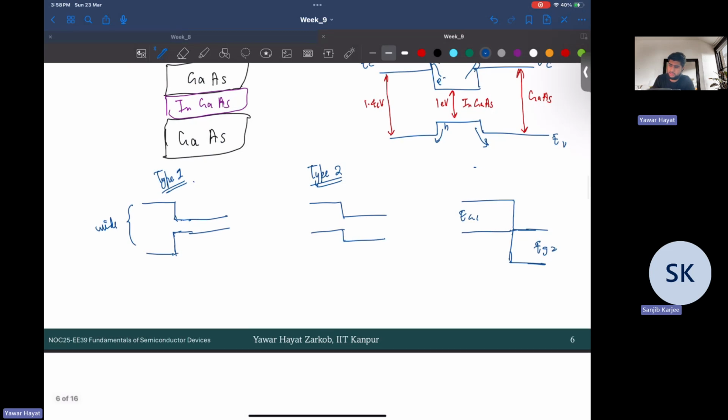Type 3 and type 2, how can we get them? Okay, you are asking how type 2 results.